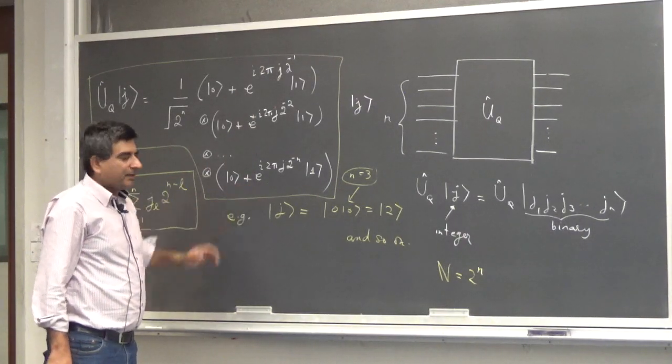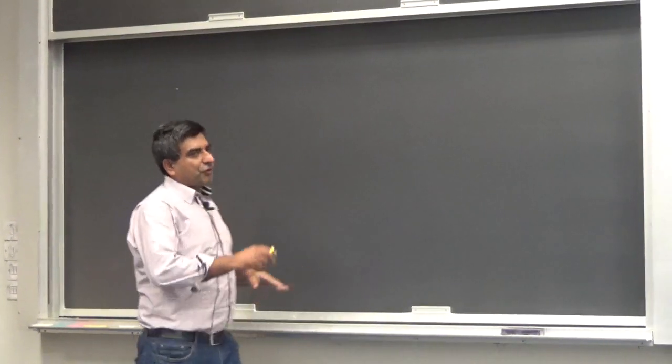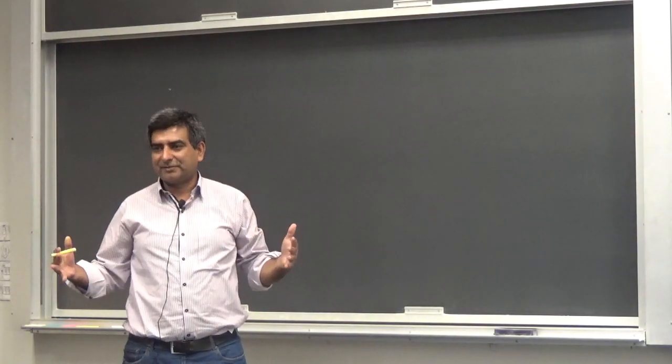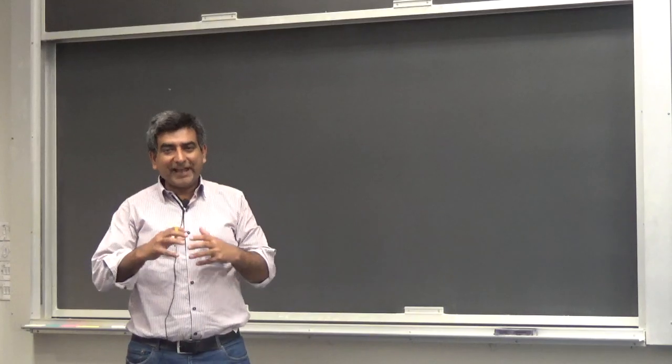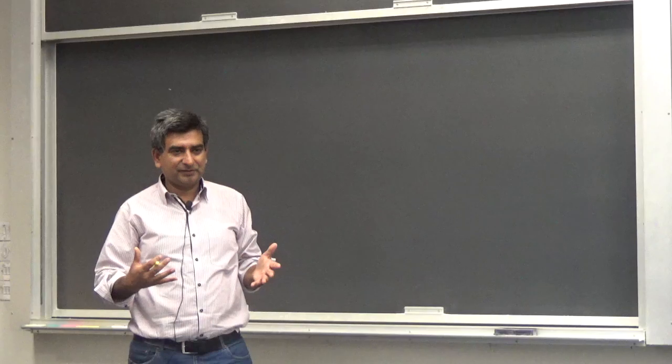Correct? So if I just look at the Bloch sphere, I can use this Bloch sphere description because all the qubits are separable. So I can use n one-qubit representations. Otherwise I wouldn't be able to look at the Bloch sphere.